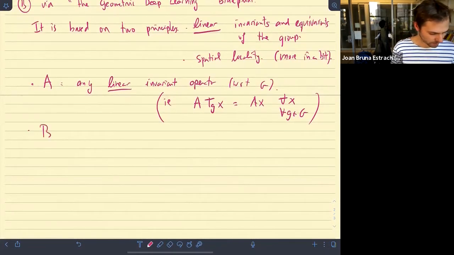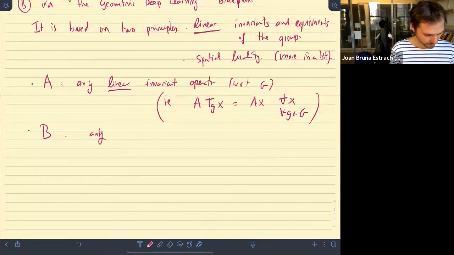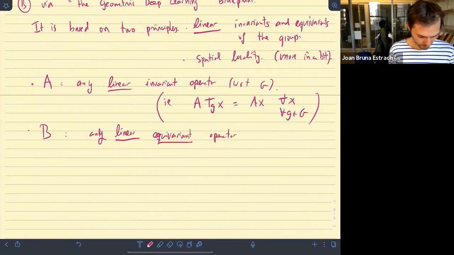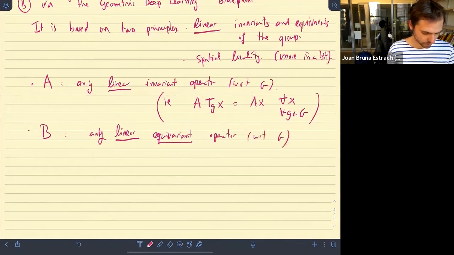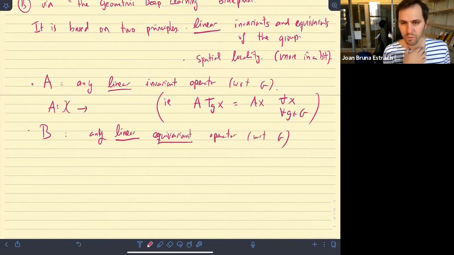Then we are going to consider also B, that is any linear equivariant operator with respect to G. So A, you can think, goes from X to maybe some space that doesn't need to be indexed by the group.